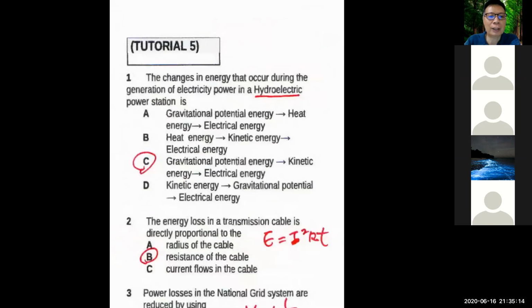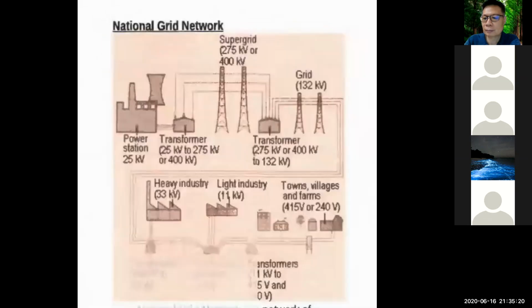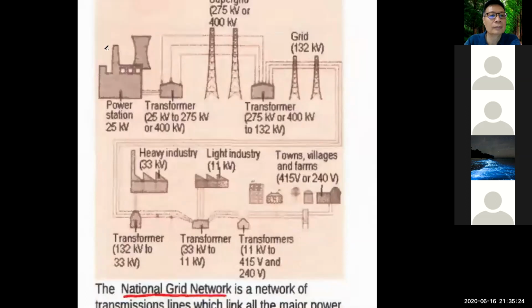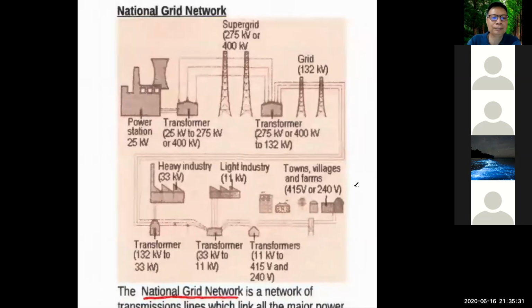I use this diagram, okay? You must understand this diagram first. Actually, this diagram already covers the whole country. Now follow here. I go one by one slowly. You all listen.